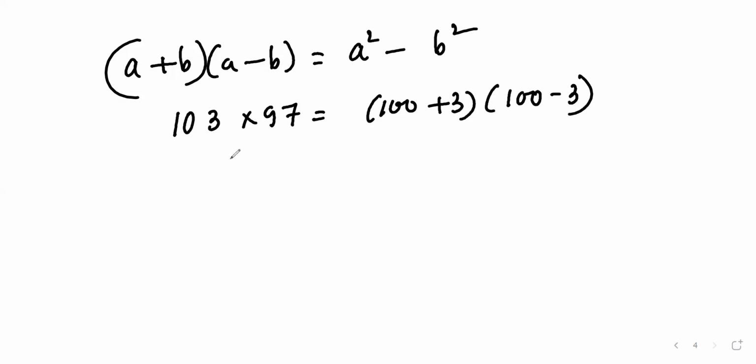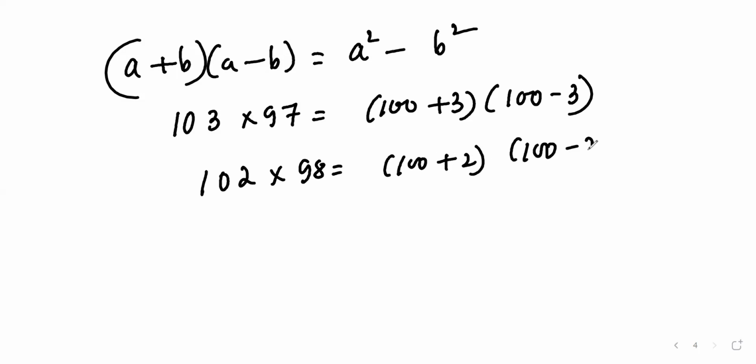Likewise, if I say 102 into 98, it will be 100 plus 2 into 100 minus 2. So you see that? This is how you will bring it to the form A plus B into A minus B. And then you can say A square minus B square.